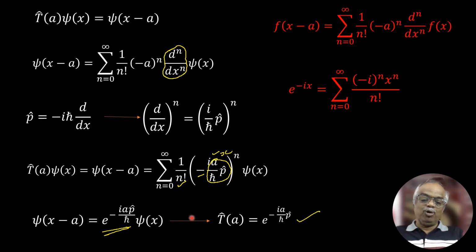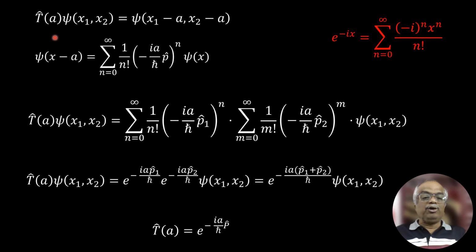Now we will move on to the two-particle system, and see what happens when this translational operator acts on it. As given in the problem, when the translational operator acts on psi of x1 and x2, it gives psi of x1 minus a and x2 minus a.